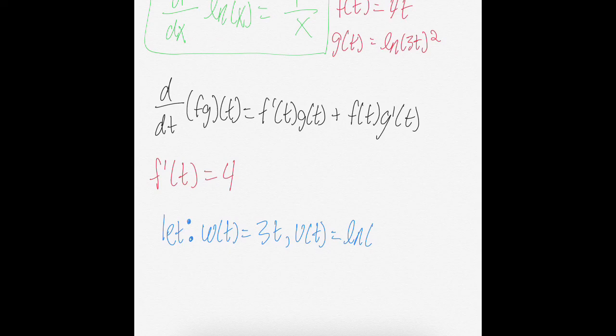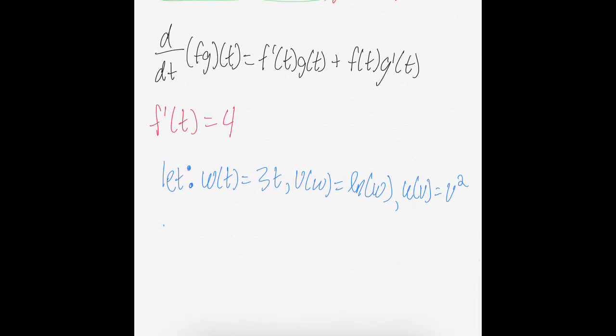Then I'm going to let v be a function of w. Let me write v of w equals ln of w. That will make it easier. And then I'm going to let u be a function of v, and that's going to be v squared.